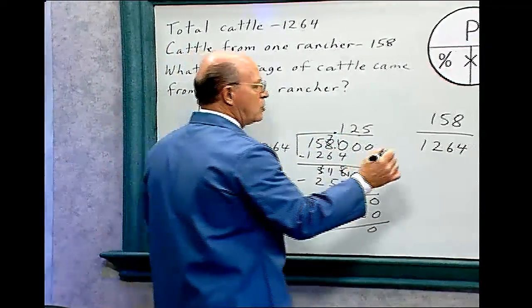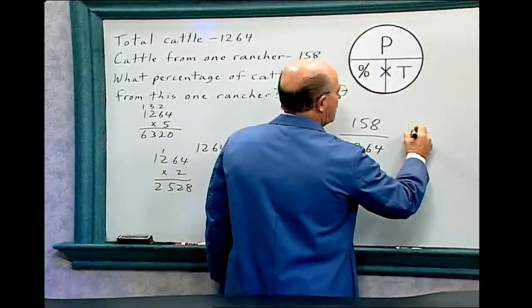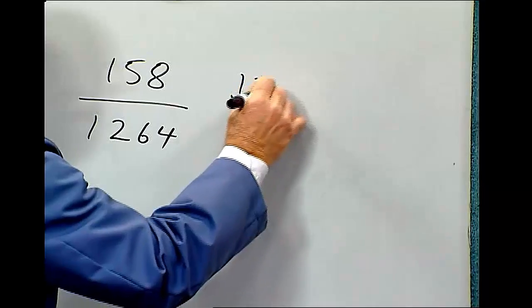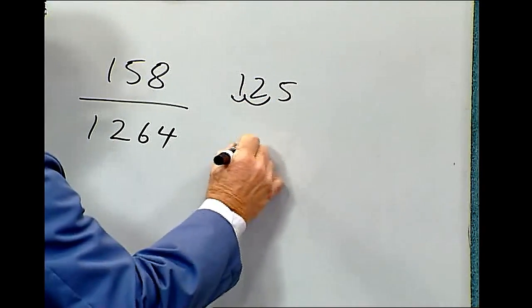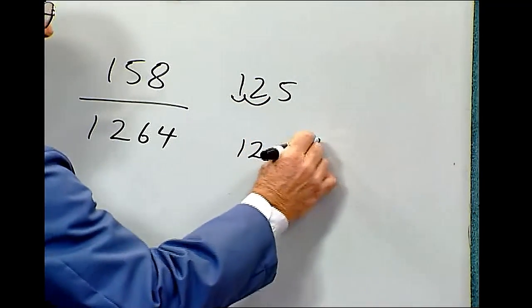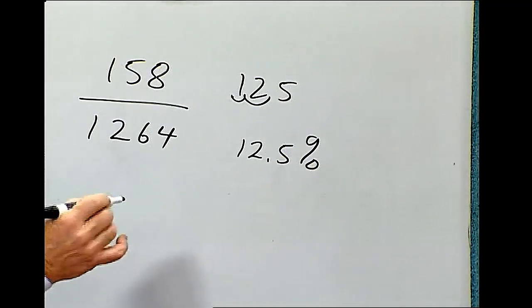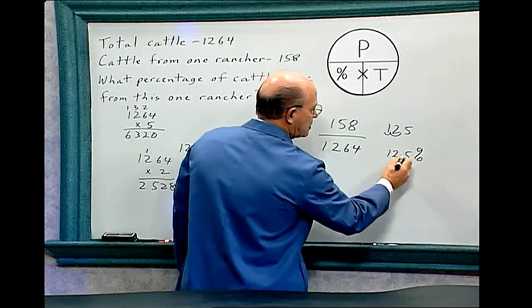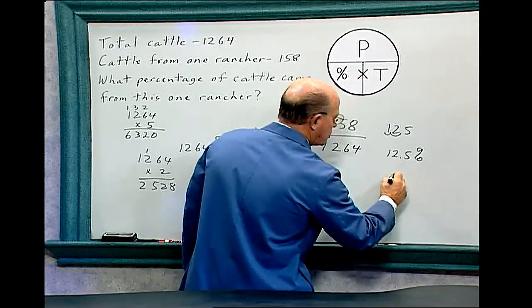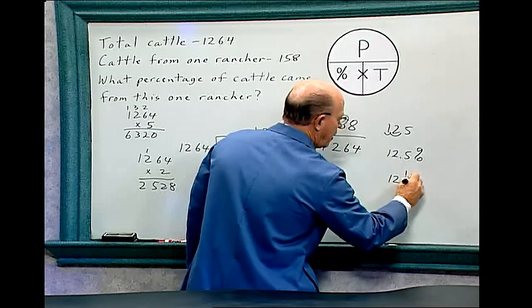And remember, all we have to do to find out the percentage is move 0.125 over 2 places. So it'll be 12.5%. Or we can convert this. We know that 0.5 is a half, or it could also be written 12.5%.